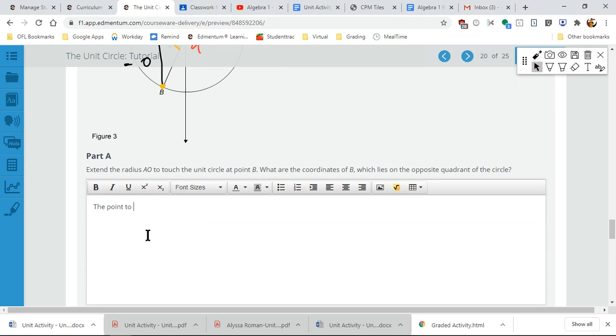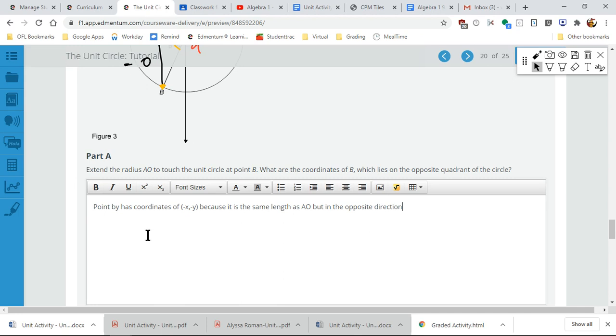Point B has coordinates of negative x comma negative y, because it is the same length as AO, but in the opposite direction.